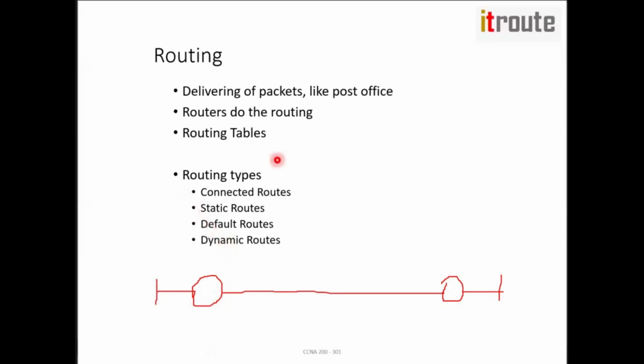We have a few different kinds of routing types: connected routes, static routes, default routes, and dynamic routes. A connected route means a particular interface and subnet are directly connected to the router.